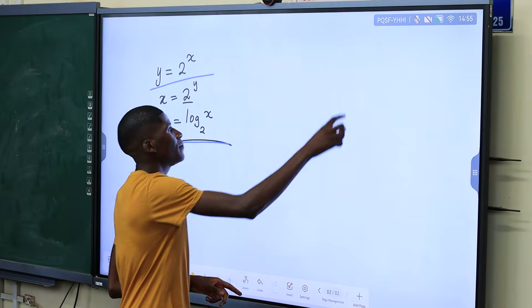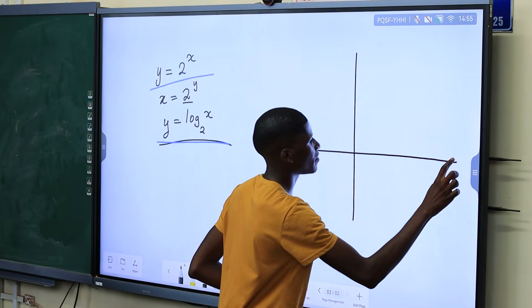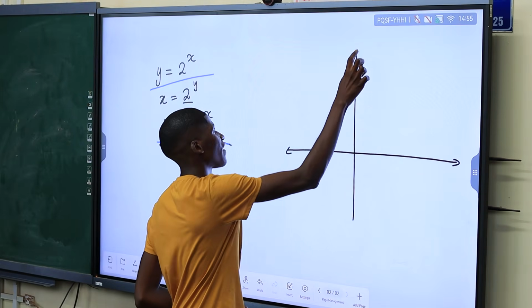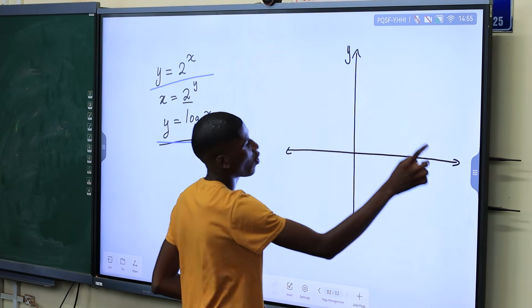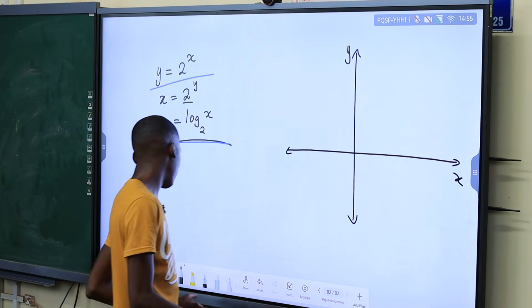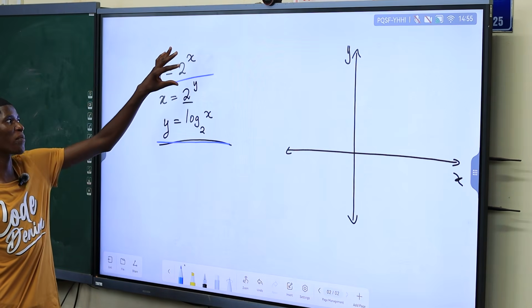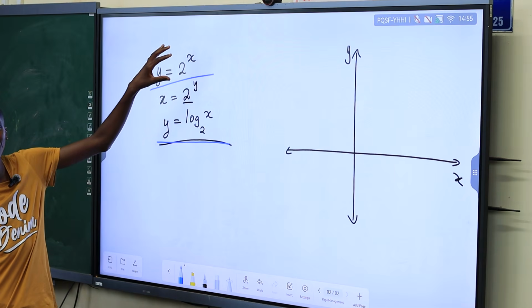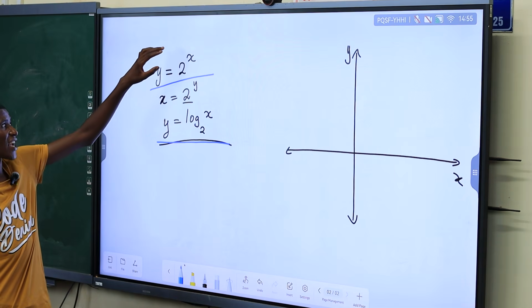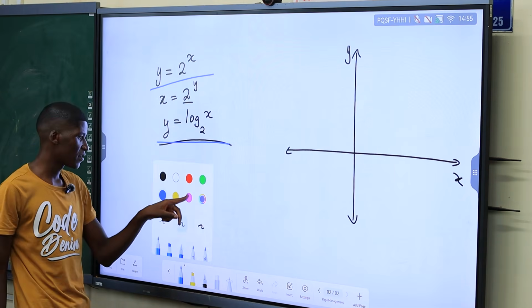So when you plot them on a Cartesian plane of y versus x, in this one, y is equal to 2 to the power x. Is it an increasing function, not decreasing? Increasing. How do we see that?